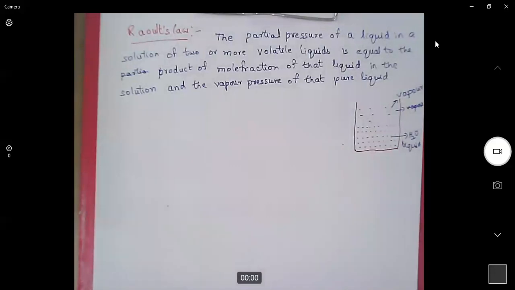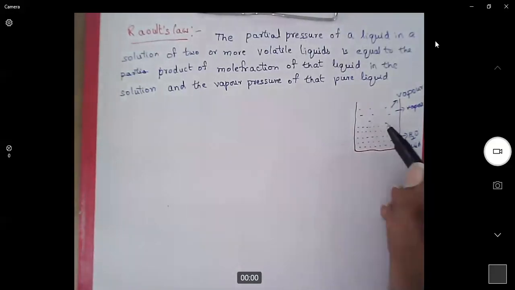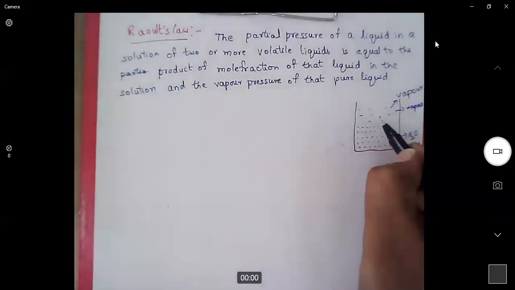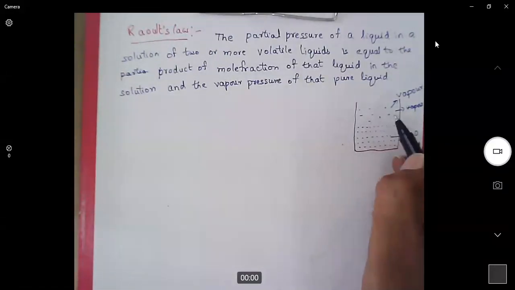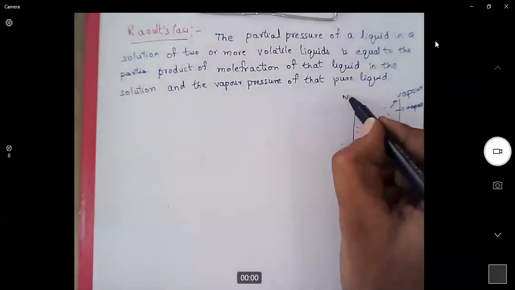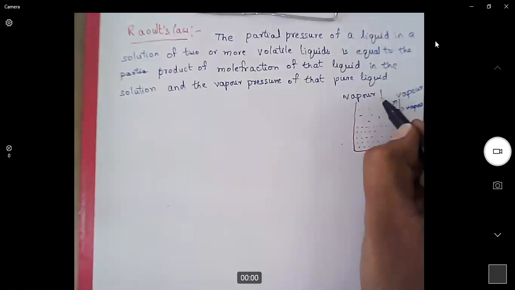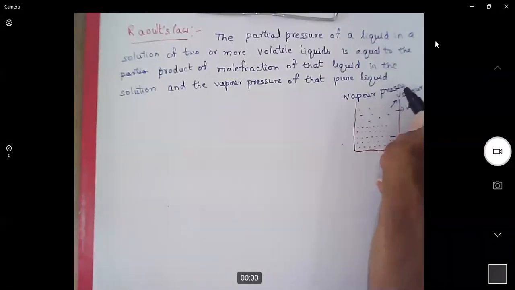So whenever you have a liquid, on top of the liquid layer we also have a vapor layer, but the extent of vapor varies from solvent to solvent. The pressure of this vapor layer is called vapor pressure.